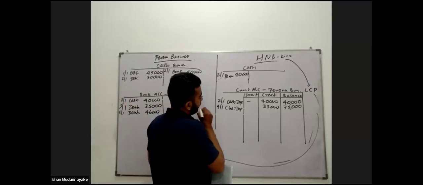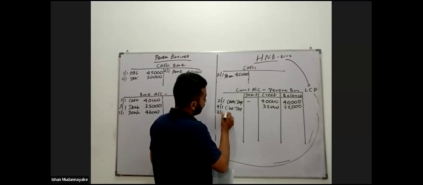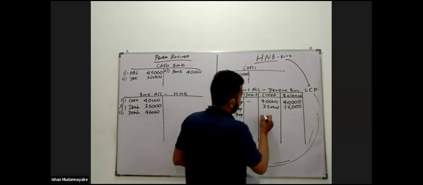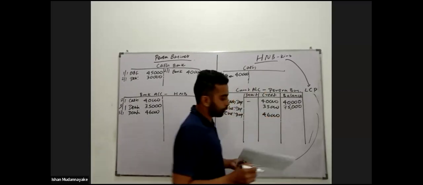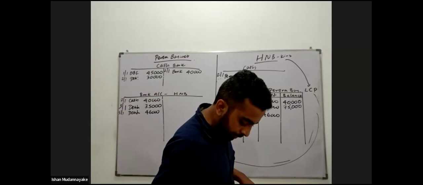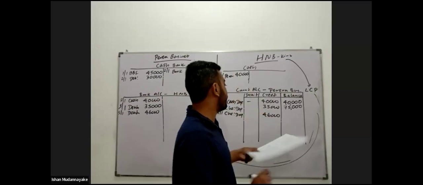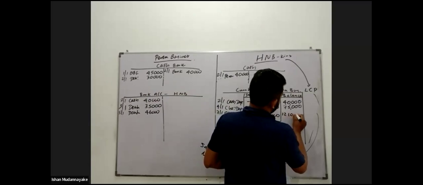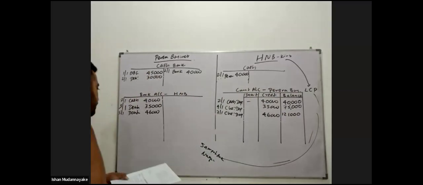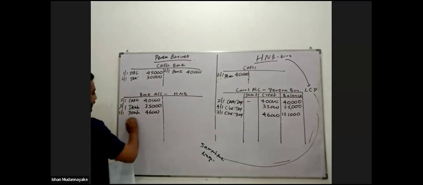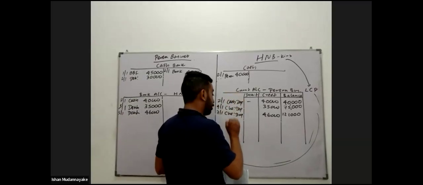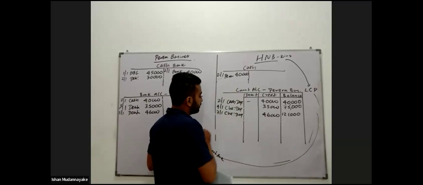Cash was collected by the commercial bank on 7th January, so here the check deposit of 46,000 is recorded on 7th January.